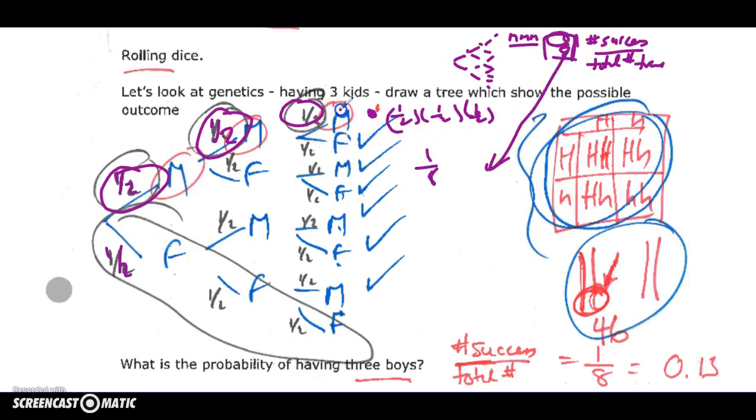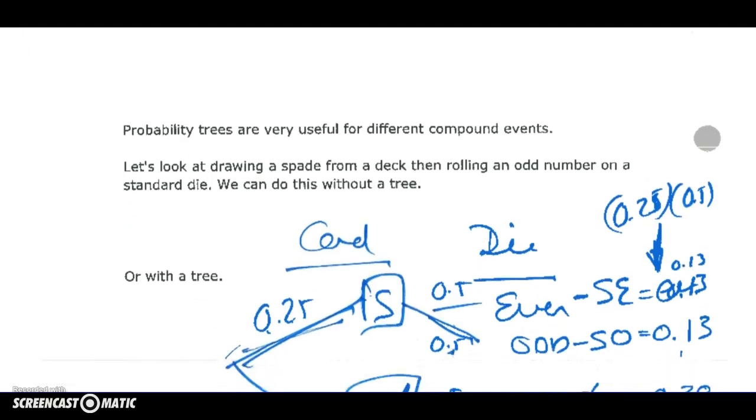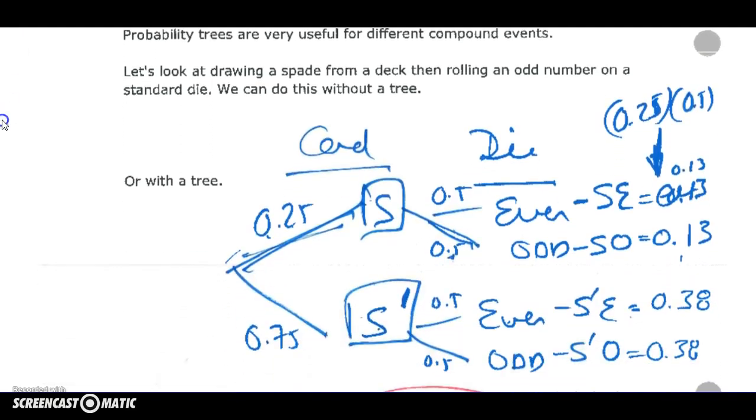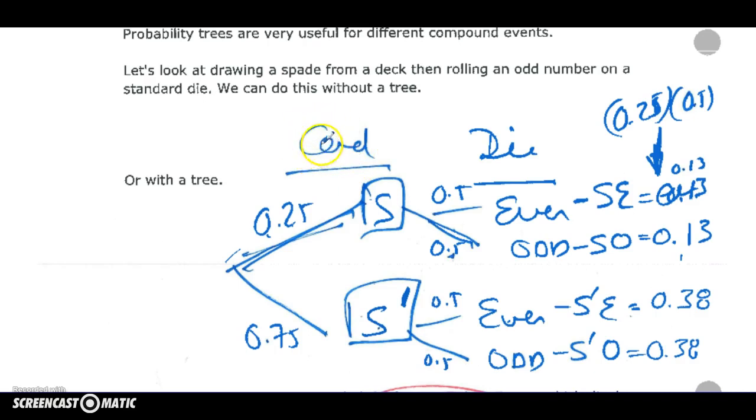So in cases where it's 50-50, you can use a tree to count the number of ways things can happen, and do it the way we did earlier, number of successes over total number, or you can use the probabilities on the tree. On page 2, as we kept going, this is where it gets more interesting, and why you use a tree: what happens when it's not 50-50, but the numbers are different.